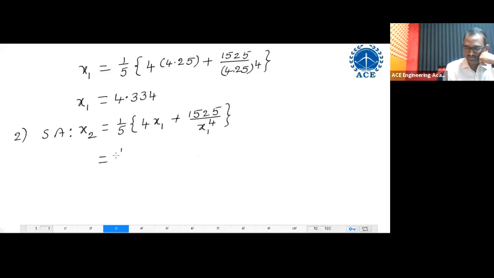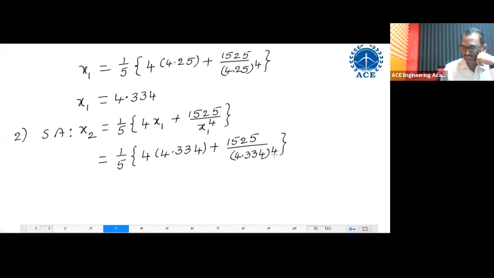Substitute the x1 value: 1 by 5 into 4 into 4.334 plus 1525 divided by 4.334 whole to the power of 4. Please simplify this and let me know the answer. What is the answer? 4.331.